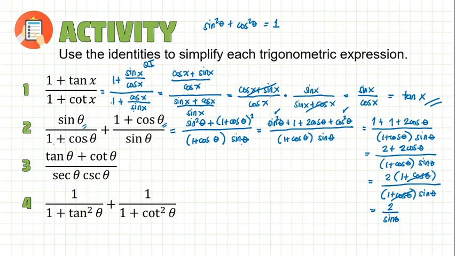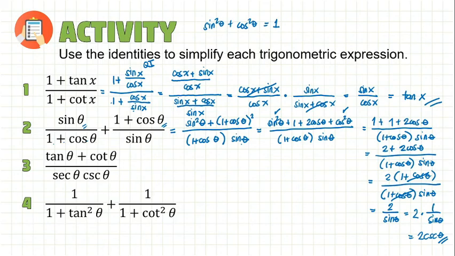Take note that 1 over sine theta is just equal to cosecant theta. So I can just write this one as 2 times 1 over sine theta, right? And 1 over sine theta is cosecant theta, so we will have 2 cosecant theta. And this is now our final answer for number 2.